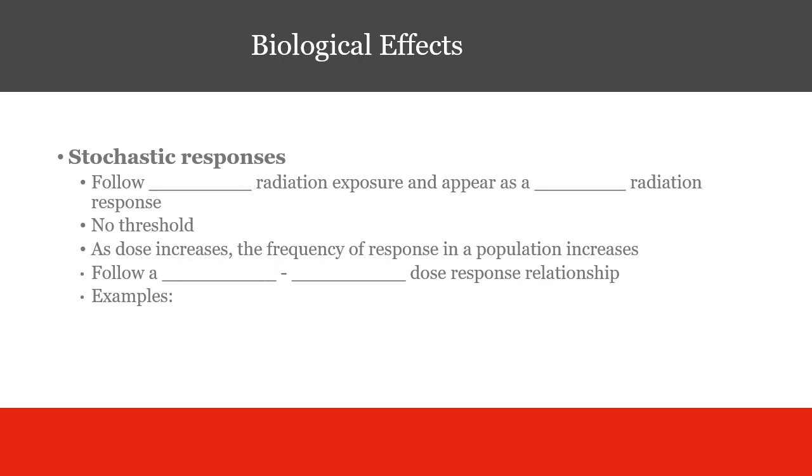As the dose increases, the frequency of response in a population increases, which means it's going to be a linear relationship. Since there is no threshold and it is linear, we would call that following a linear non-threshold dose-response relationship. Examples that your author discusses as common ones are cancer, leukemia, or genetic effects.